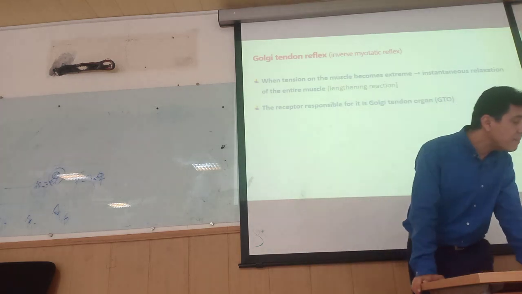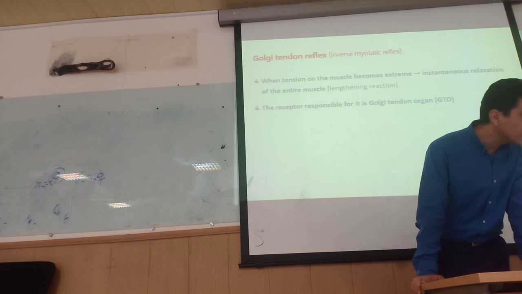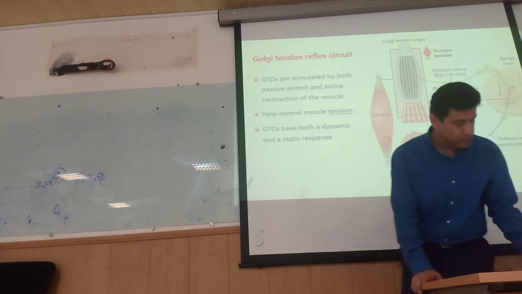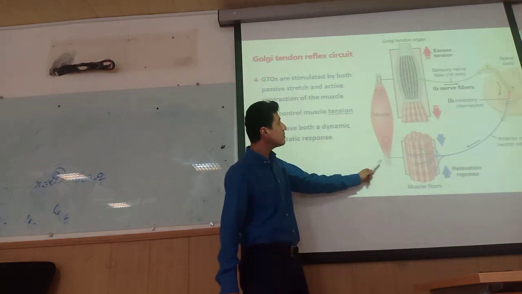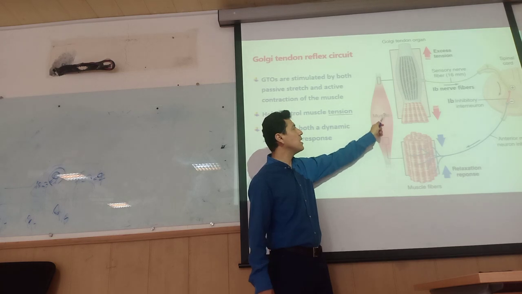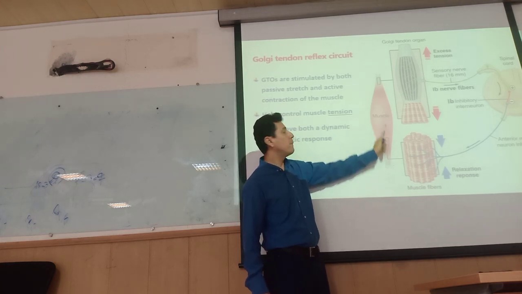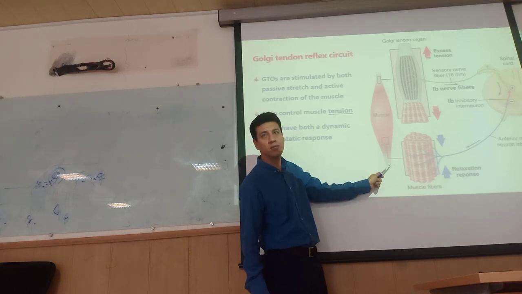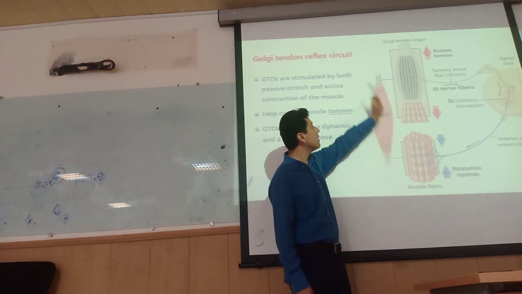So, the receptor for this reflex is the Golgi tendon organ, called GTO. Okay? The muscle spindle was in the belly of the muscle, but GTOs are in the junction of the muscle and the tendon. Right? Here.